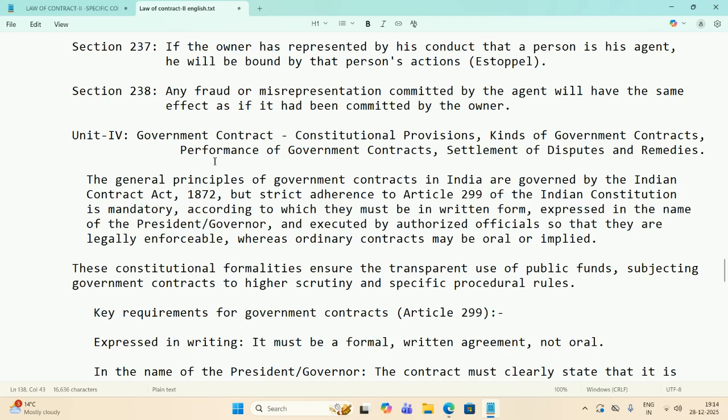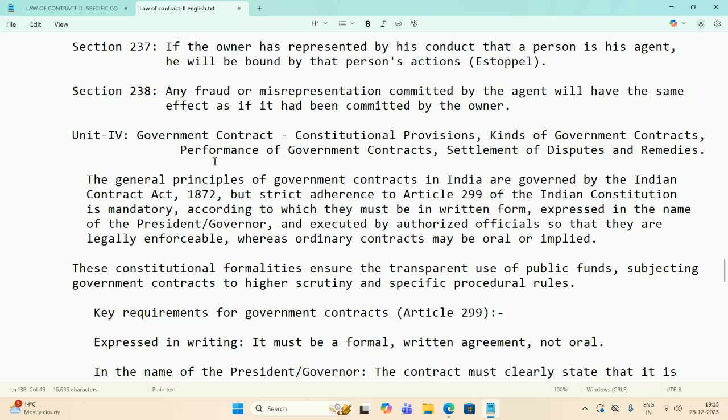Government contract, constitutional provisions, kinds of government contracts, performance of government contracts, settlement of disputes and remedies. The general principles of government contracts in India are governed by the Indian Contract Act 1872, but strict adherence to Article 299 of the Indian Constitution is mandatory, according to which they must be in written form, expressed in the name of the President or the Governor, and executed by authorized officials so that they are legally enforceable.